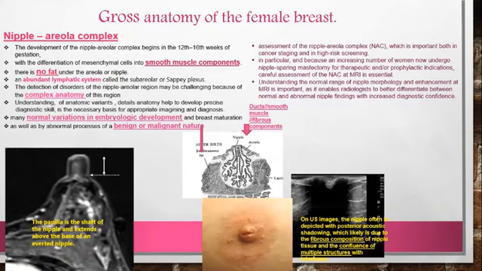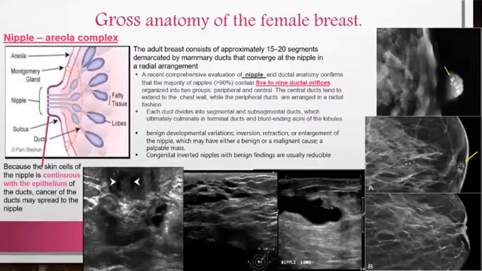Nipple-sparing mastectomy will not be an option of treatment if the nipple is involved by breast cancer. That is why we have to understand the normal anatomy, normal morphology, and normal enhancement on MRI, so as to differentiate what is normal from what is abnormal.